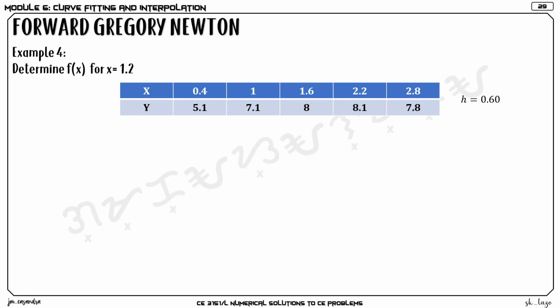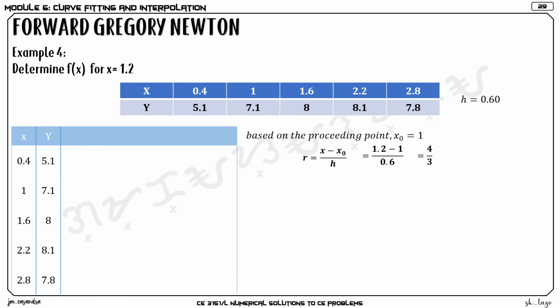So if we are going to solve example number 4 using the preceding or succeeding point as our x sub o, wherein we use now 1, r now can be computed as 1.2 minus 1 all over 0.6, or that will give us a value of 4 over 3.